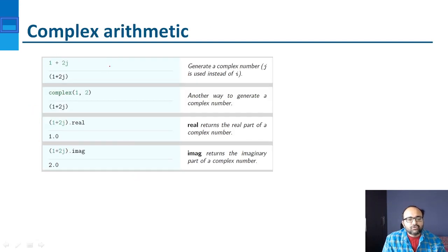And next, coming to complex number representation, this is 1 plus 2j. So we can see 1 and this is plus 2j. Clear? This is how we can represent a complex number, right? It contains two parts.